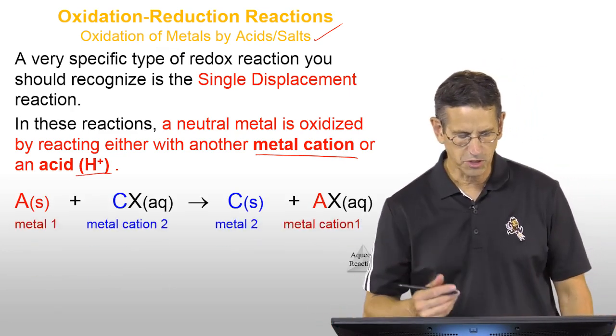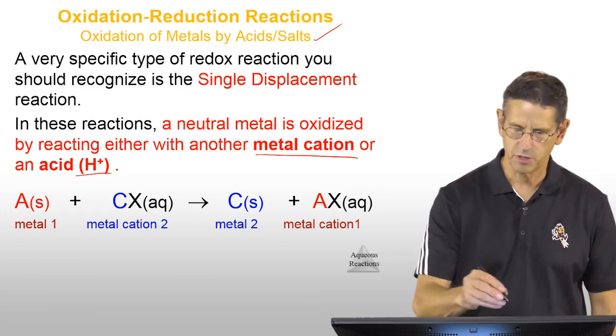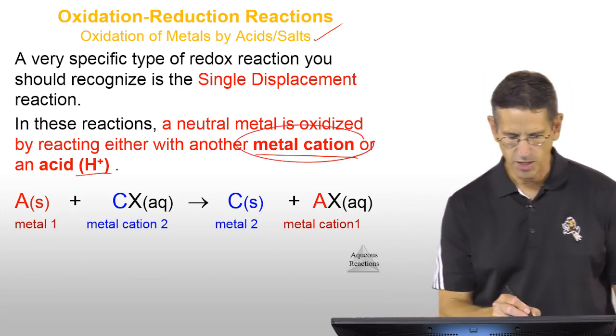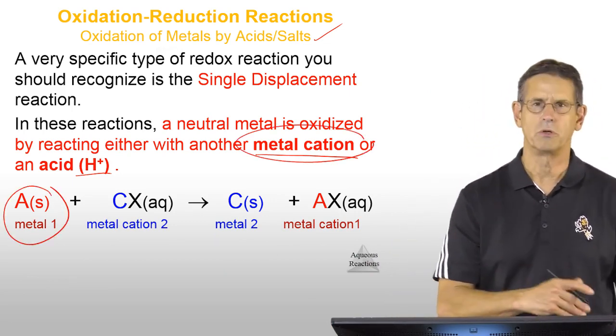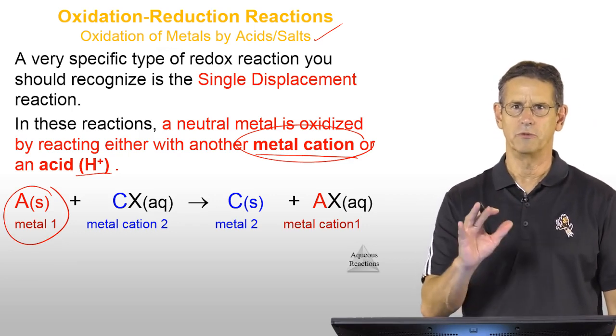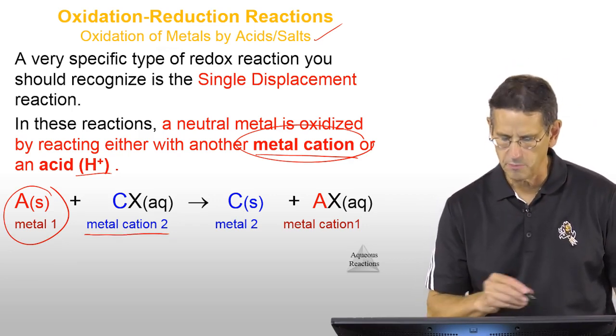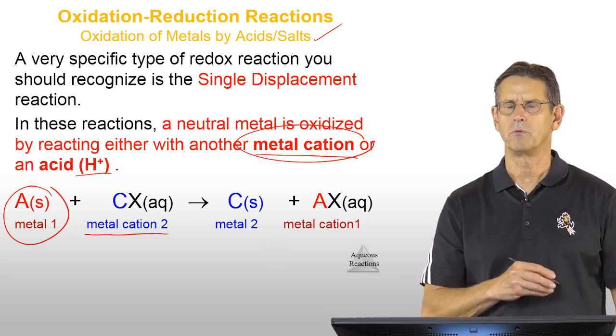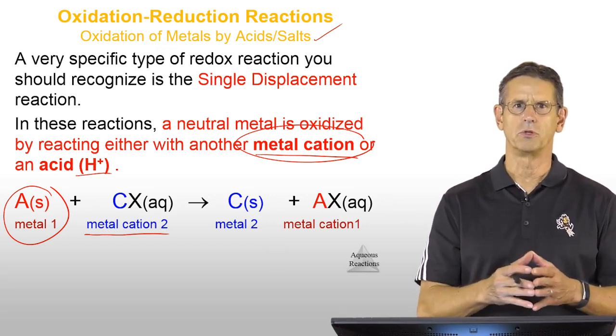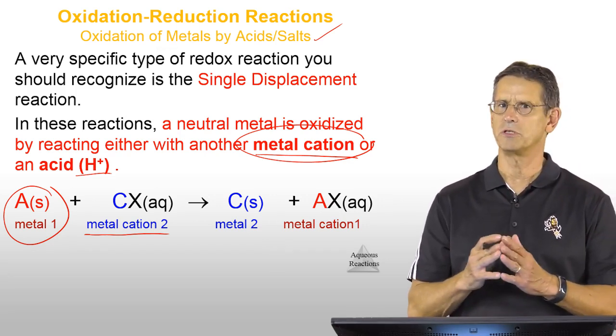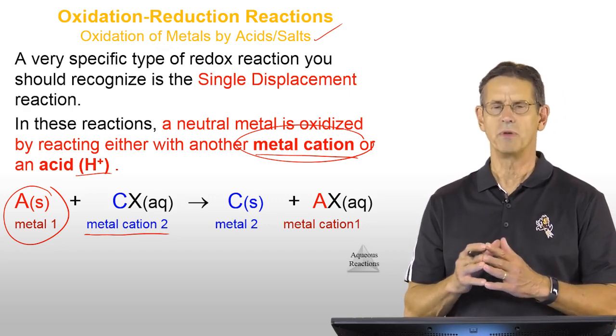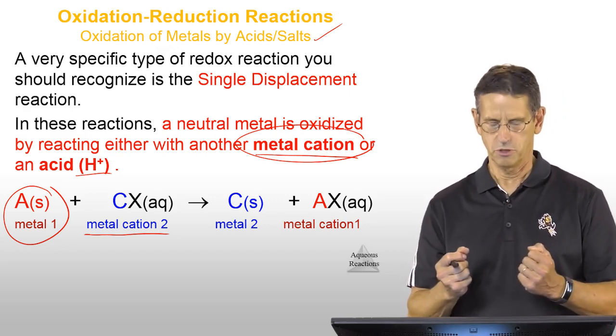All right, here's the general pattern with metals. Now we're going to talk about metal cations. You've got some neutral metal, some initial metal that's free. It reacts with another metal cation. Okay? Remember, metals exist as neutral elements or cations. You will never see a metal gain electrons and have a negative charge. Okay?